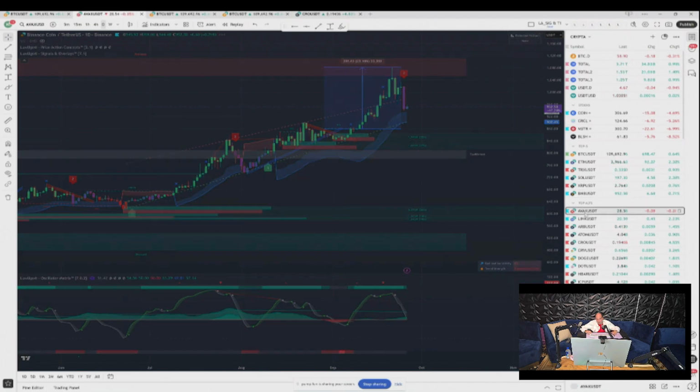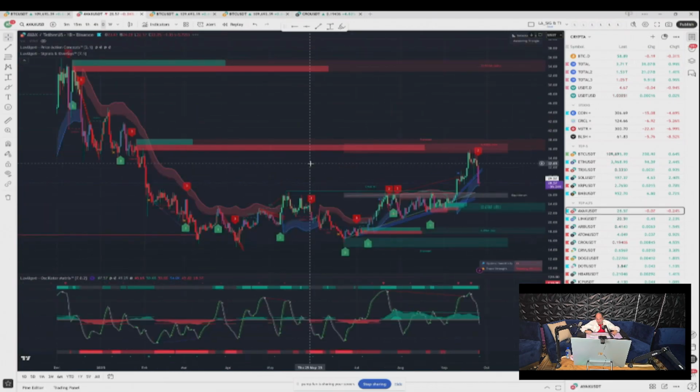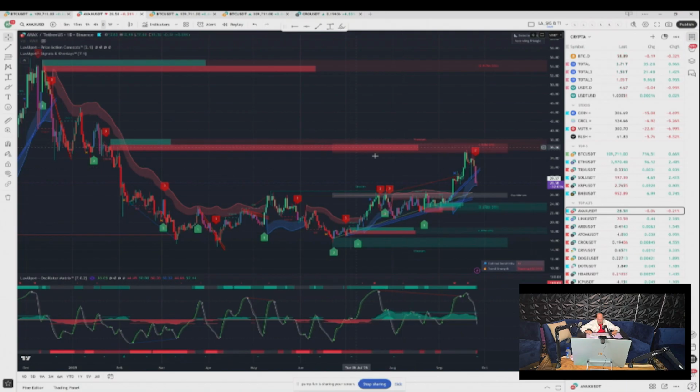I also want to look at AVAX, because we've been calling that trade and we've been following it pretty closely. As we expected, after that strong breakout, it's correcting right now. So we had a take profit and an exit on a buy trade.